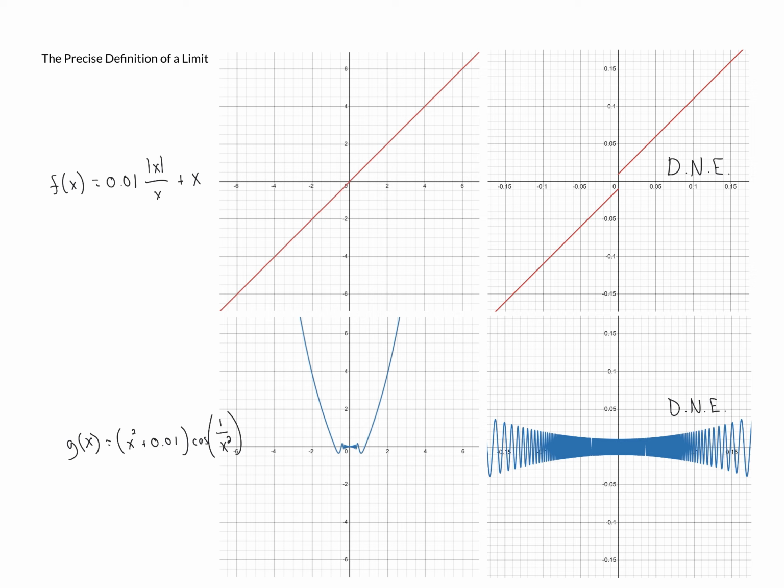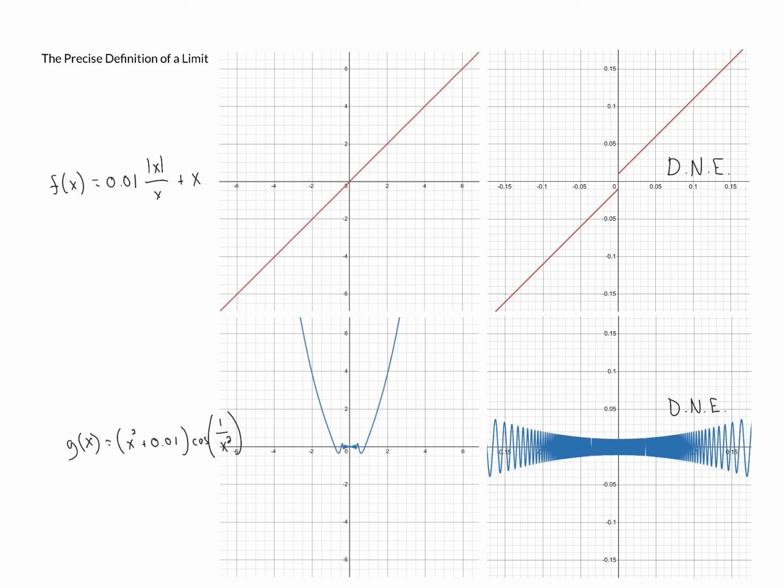And so the vague definition that we've been using, which has been, as x approaches a, f of x approaches some number L, that's not really rigorous enough. That's not specific enough, because we need our definition, kind of like a lawyer drafting up a contract and making sure there aren't any loopholes.